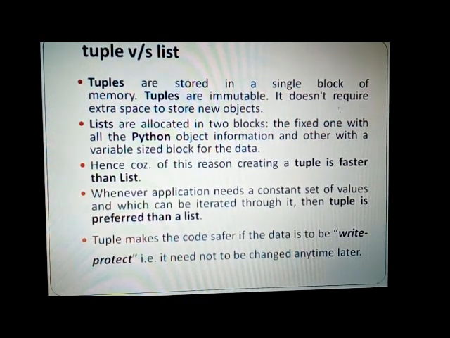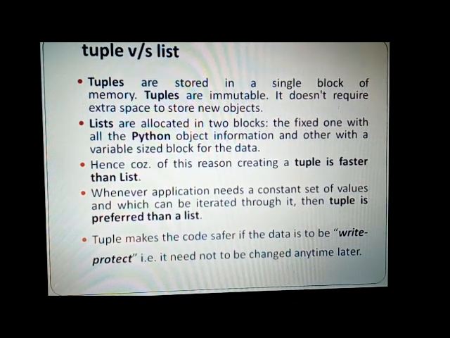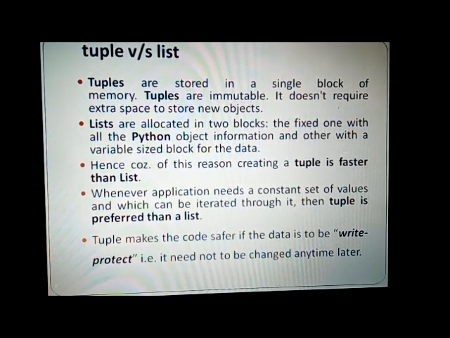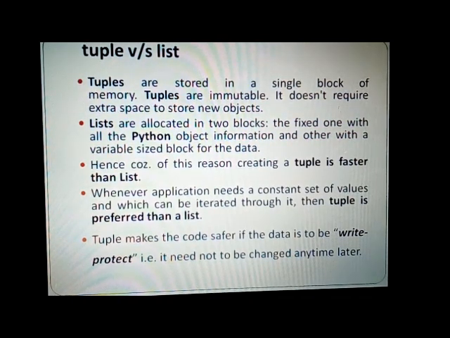Apart from that, if the application demands that I have some constant set of values which can be iterated through, that is, a fixed set of values which are not going to change, then again I would prefer a tuple over a list.